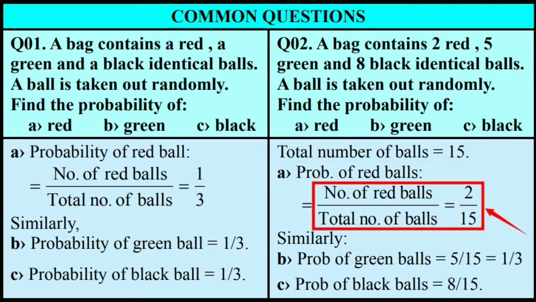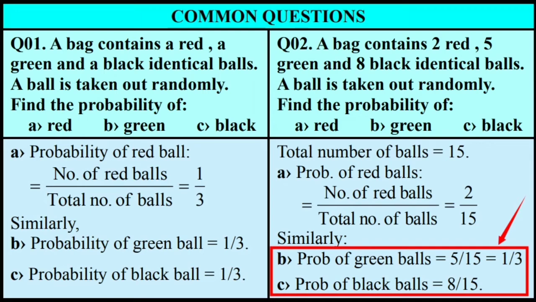Number A. Probability of red balls. Since there are 2 red balls in the bag, the favorable outcome is 2 and all possible outcomes are 15. Therefore, the probability of red balls is 2 by 15.